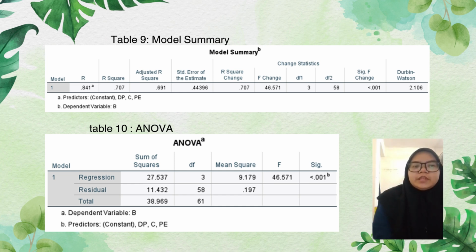The next table is the ANOVA table that includes the sum of squares, df, which stands for degrees of freedom, mean square, F value, and Sig, which is significance. The regression of the model has an F value of 46.571 and a significance value less than 0.001, which indicates the model is statistically significant.